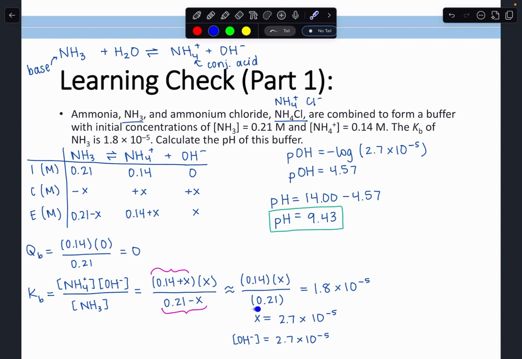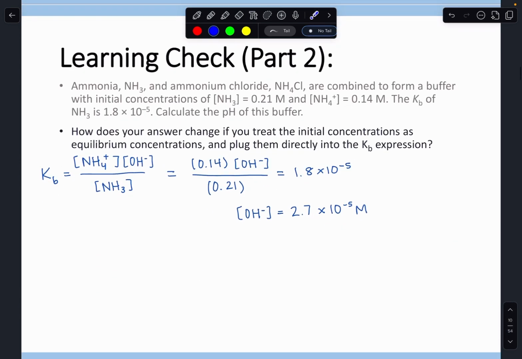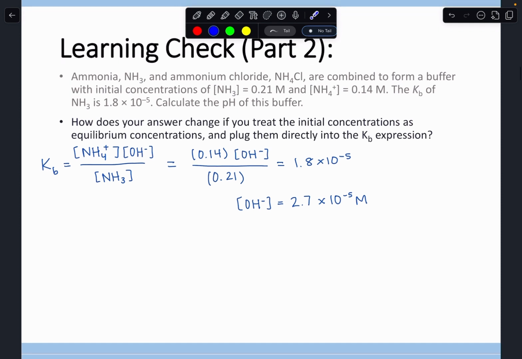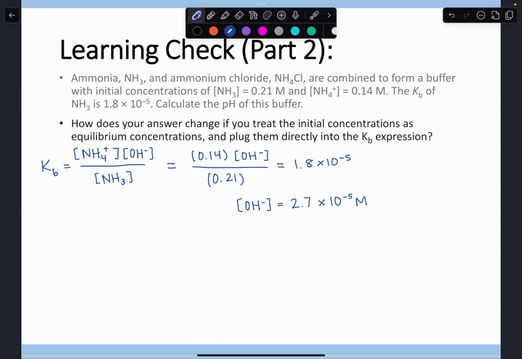This here is the same, where we're just looking for x, but we've got 0.14 times the variable divided by 0.21 equals this. Same as this calculation that we did here. Then we could find pOH and find pH, and we get the same answer. So I'm just going to write a little note here. Same as previous slide.